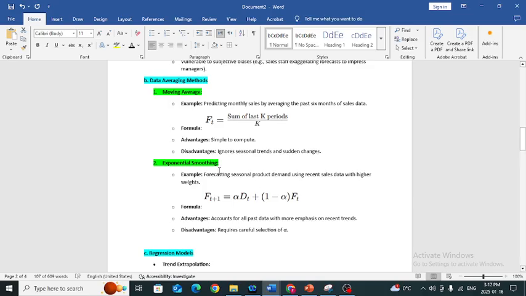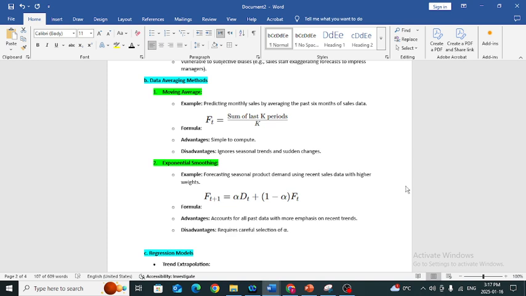Exponential smoothing is, for example, forecasting seasonal product demand using recent sales data with higher weight. The formula for exponential smoothing is: F_(t+1) equals alpha multiplied by D_t plus (1 minus alpha) multiplied by F_t.